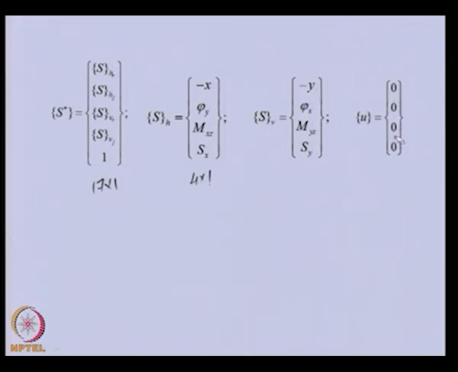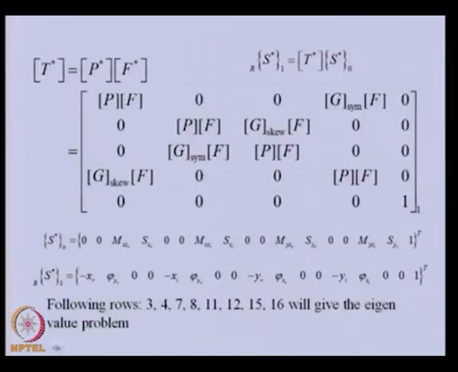There is no unbalance, so this vector will be 0. Now, the multiplication of these two to get the overall transfer matrix will give this form of the matrix. The state vectors at station 0 and station 1 are given like this.